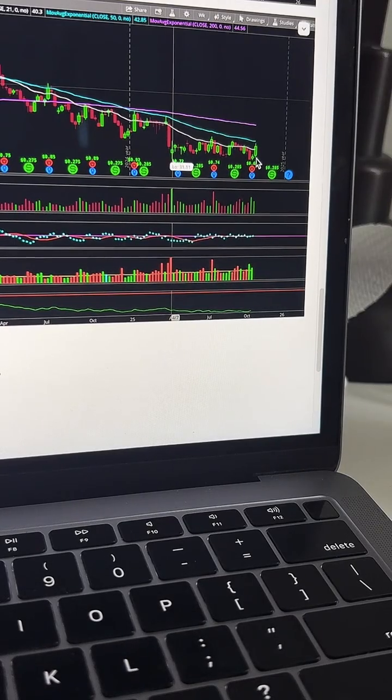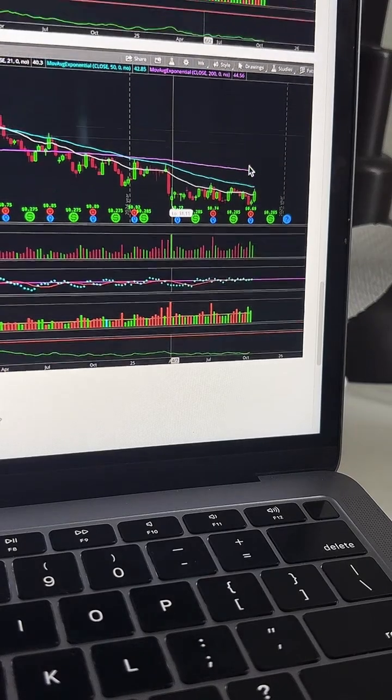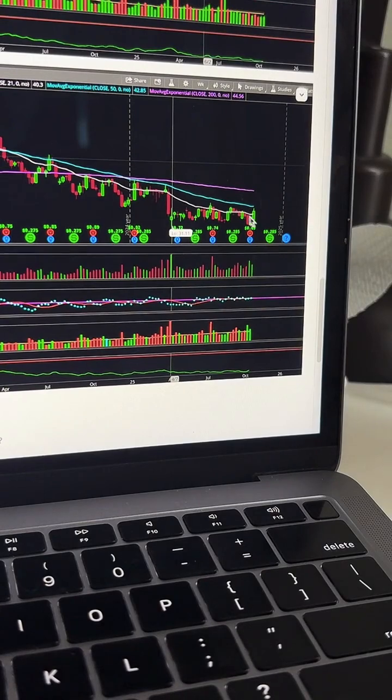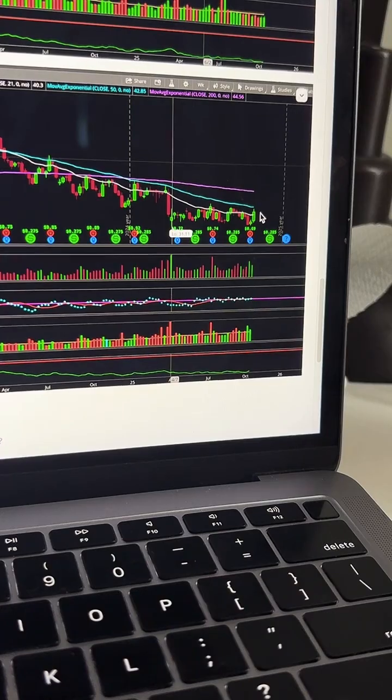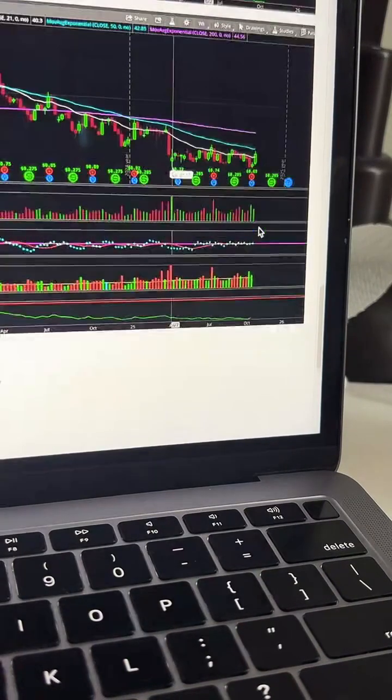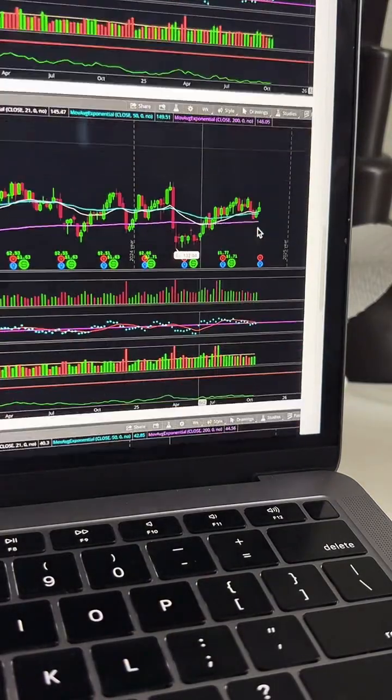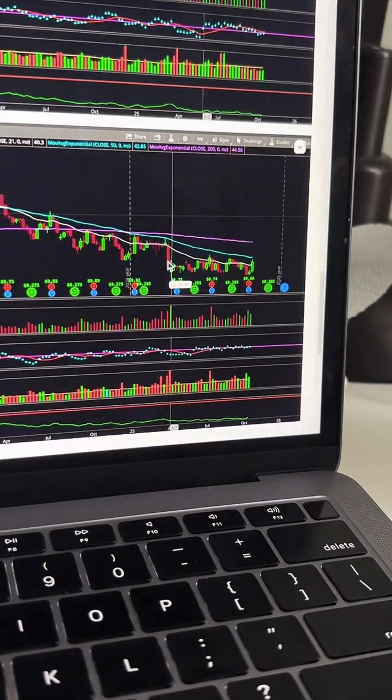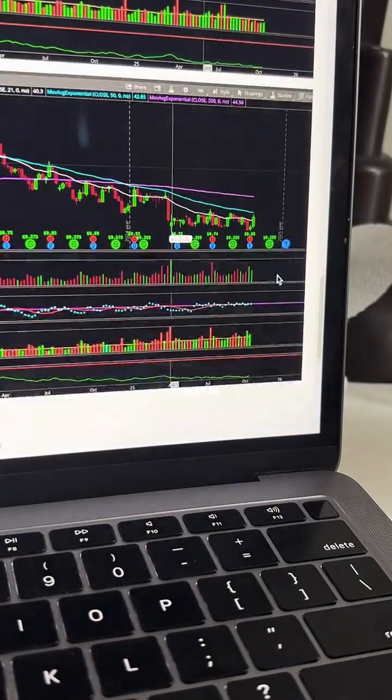Even though everything's kind of choppy, I feel like maybe there was some news with this one, because it looks better than most of the others as far as reclaiming the 21. Maybe it might start to get some movement. The volume is above average, but the relative strength is horrible. I would look more into this one to see what's going on with it. I've never traded it, but it interests me that the volume is way higher than the other ones. Not something that would be my first pick, though.